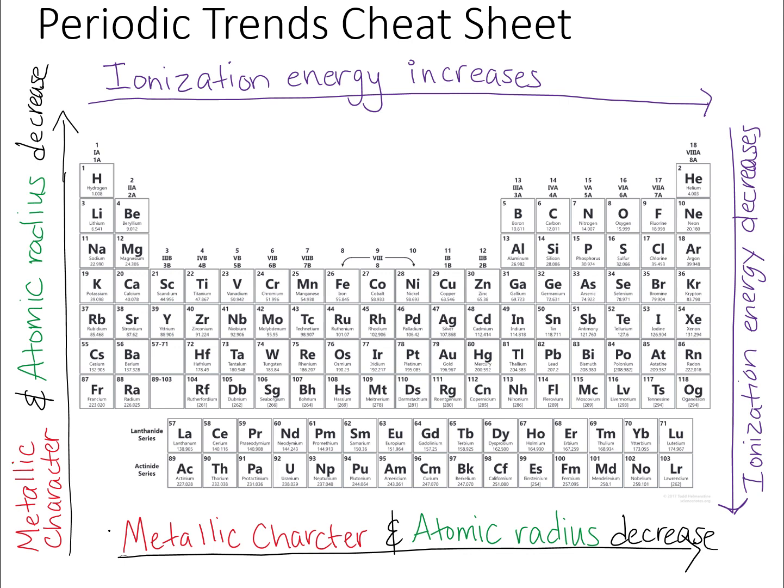What I'll add to this is that these numbers, the 2A, the 1A, the 2A, all the ones that have the A, those tell you the number of valence electrons. So this one sheet summarizes all of those trends.